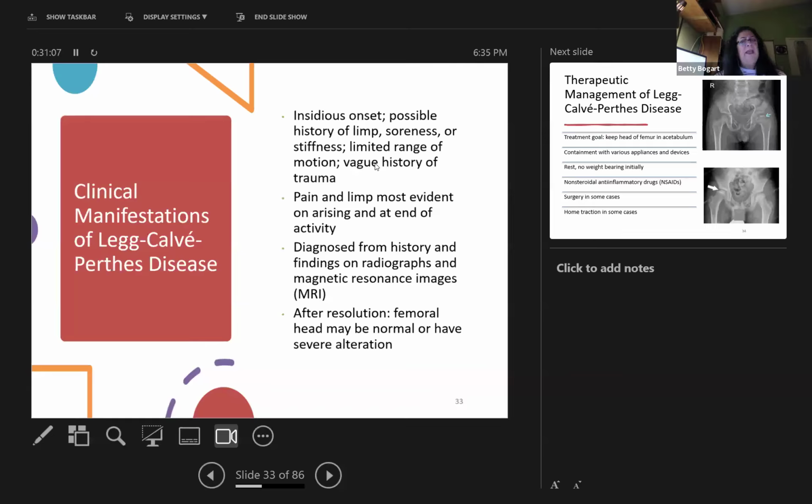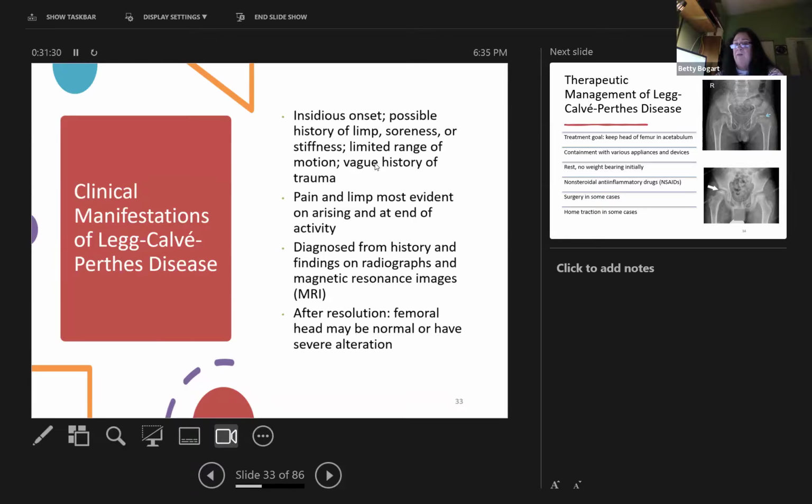So what's going on here? They hear this history: in the morning they hurt, when they're sitting too long they hurt, and they tell them it's in the hip area. We'll do an x-ray, and usually you'll see a fuzzy top of the head, which is showing you that there is something going on there, an inflammation of some sort.